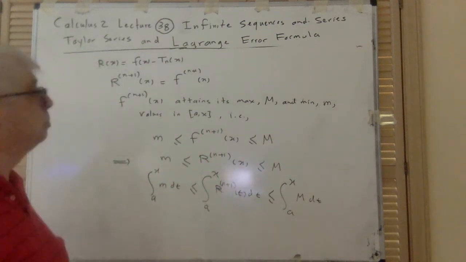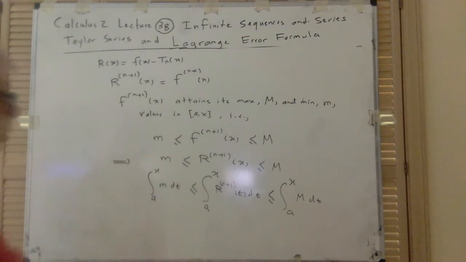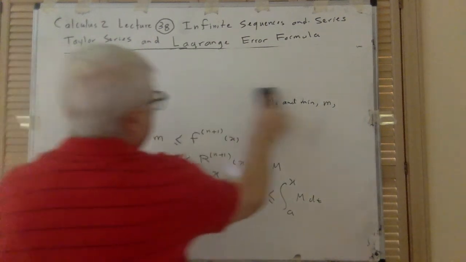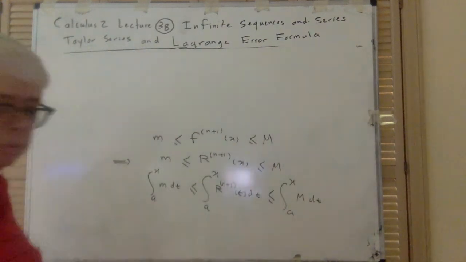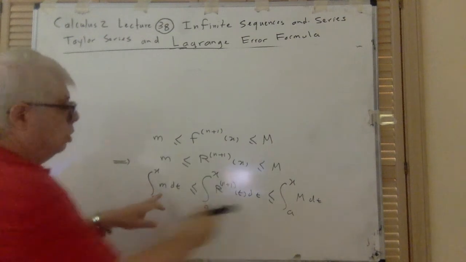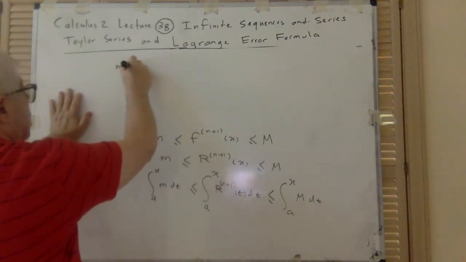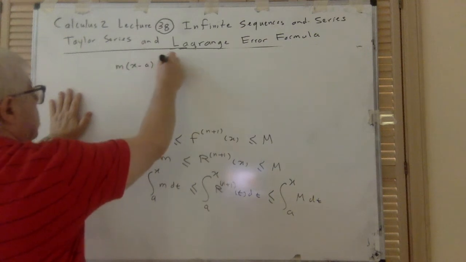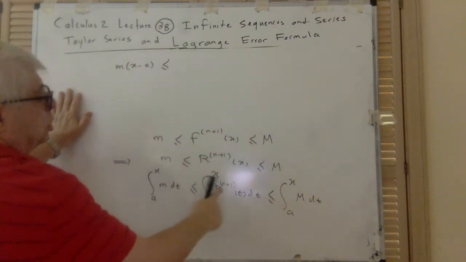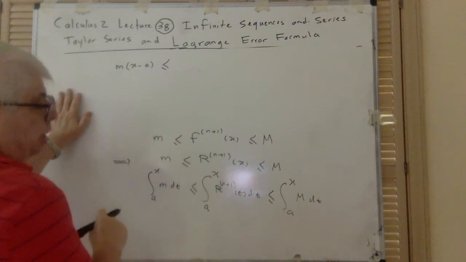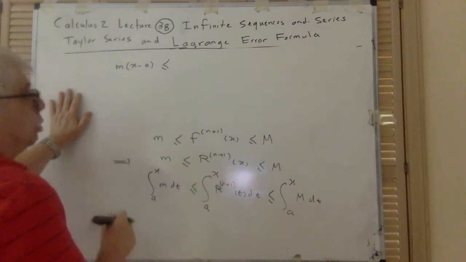Okay, so what is it? Let me go up here again and integrate this. These two are constants, so I will get m times (x minus a) here. Here, this is the n plus first derivative, a nice function, so its integral is the nth derivative.